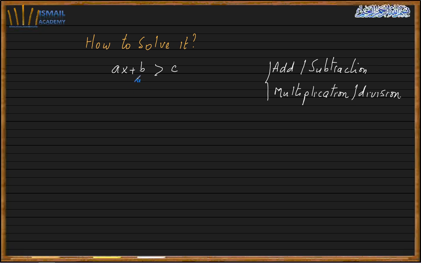So first we have addition. If it was subtraction, I will add. Here we have addition, then I will subtract. Then I will end up having ax and c minus b.